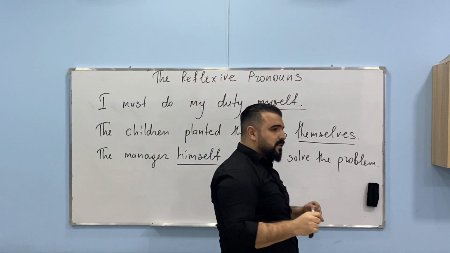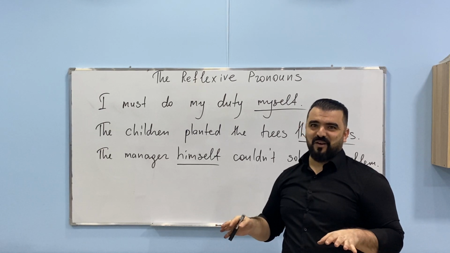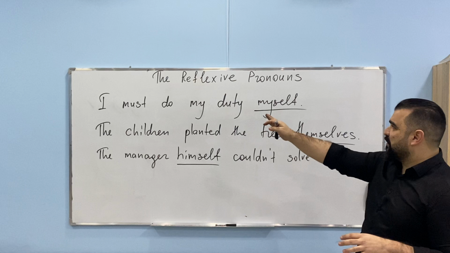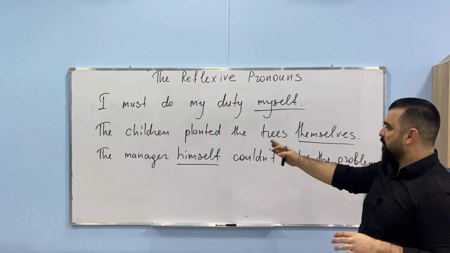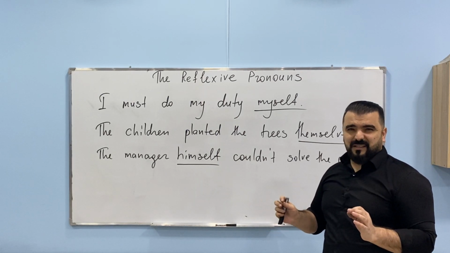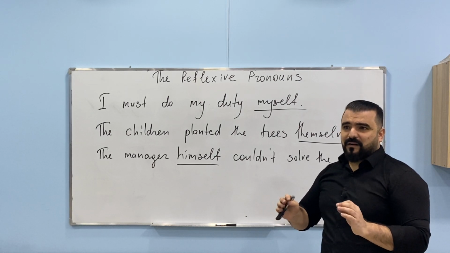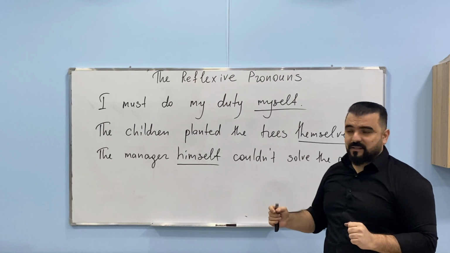In these sentences, you can leave out the reflexive pronouns and the meaning of the sentence will be the same. For example, I must do my duty. The children planted the trees. The manager couldn't solve the problem. There is only a slight change if you remove the reflexive pronouns from these sentences.